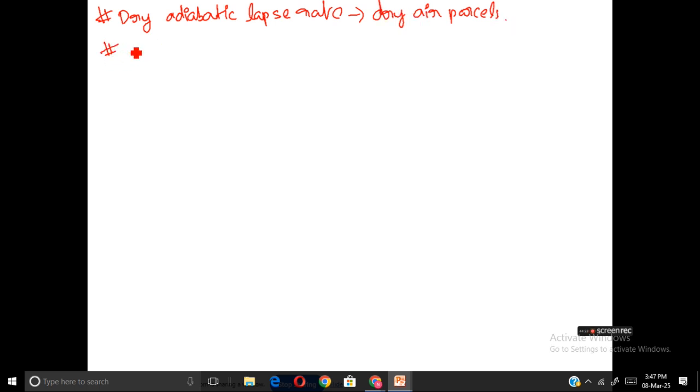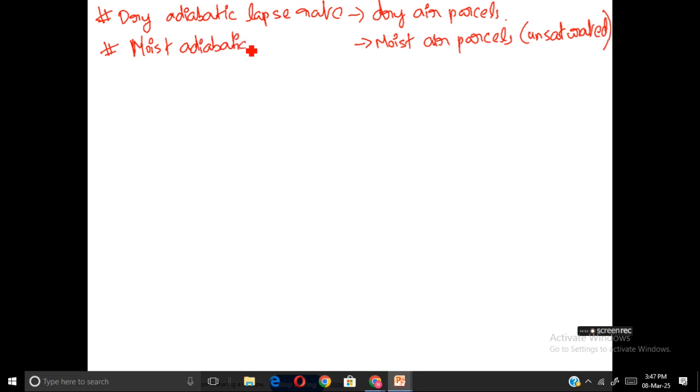So here in this case we are considering moist parcels. This has some amount of water vapor in it, even though it is unsaturated. Completely, it is not completely dry. It has some amount of water vapor in it. So in that case, the lapse rate is known as moist adiabatic lapse rate.